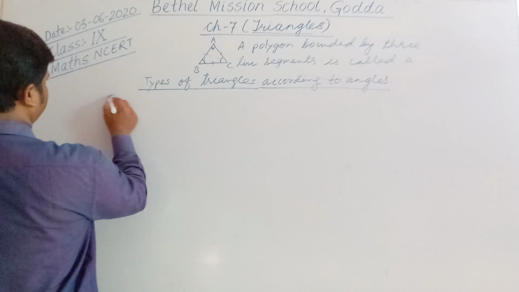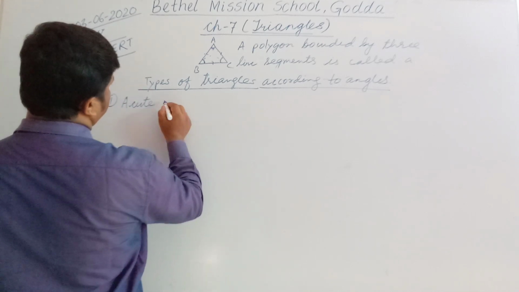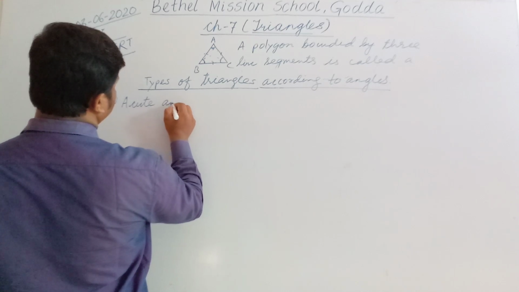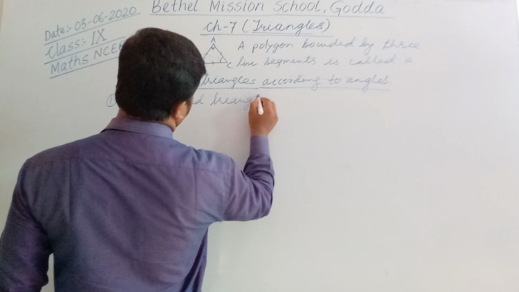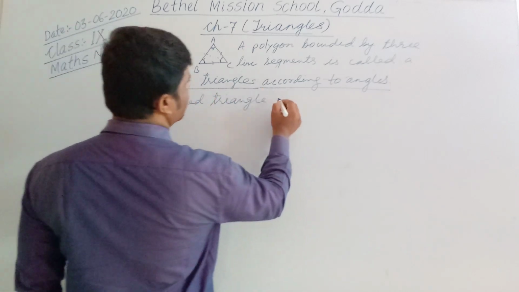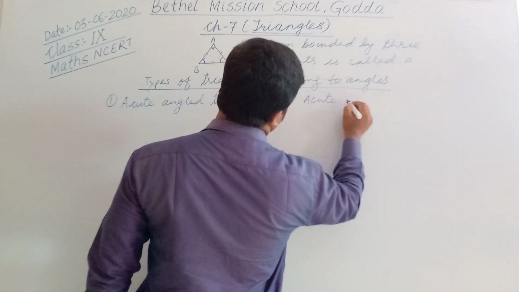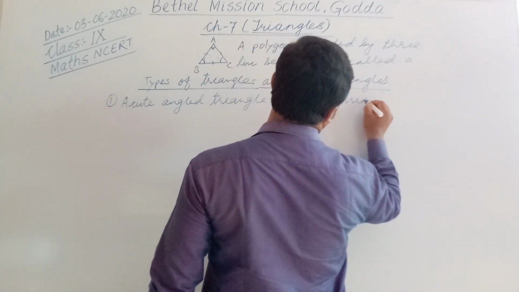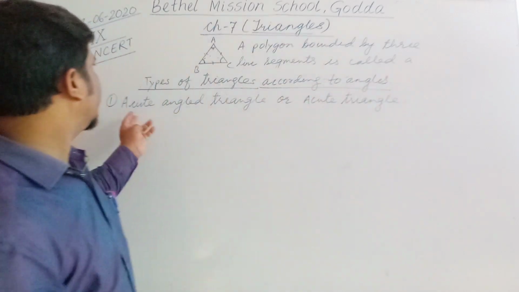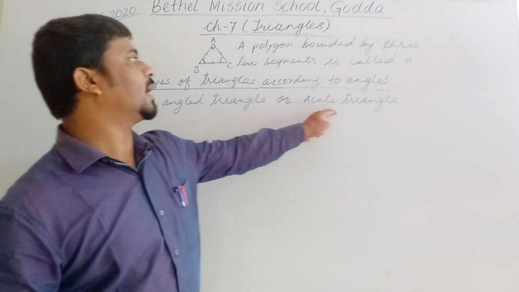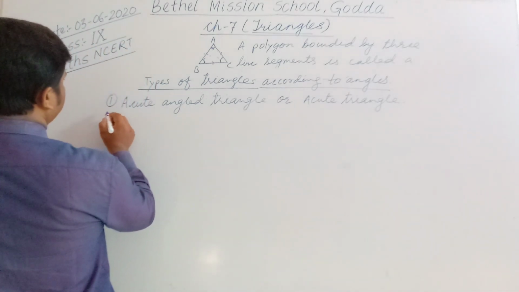Number 1, acute angled triangle or acute triangle. Okay, you can say acute angle triangle or acute triangle, both the same.